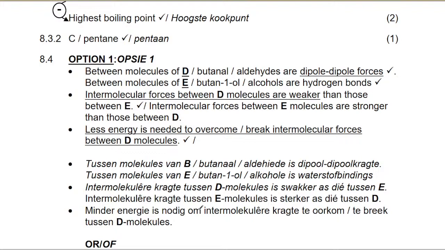On bullet number 2, intermolecular forces between D molecules are weaker than between E. That is the 3rd mark. You must remember this is 4 marks.